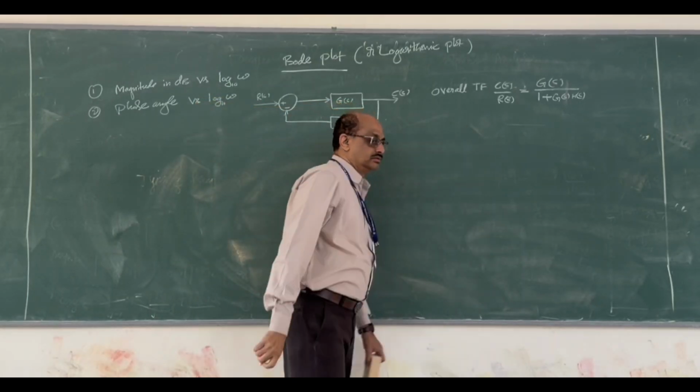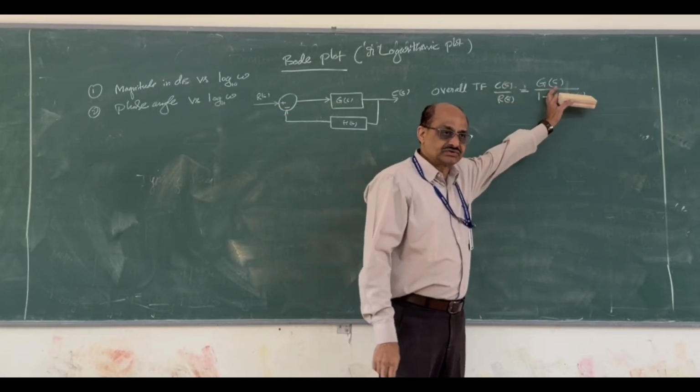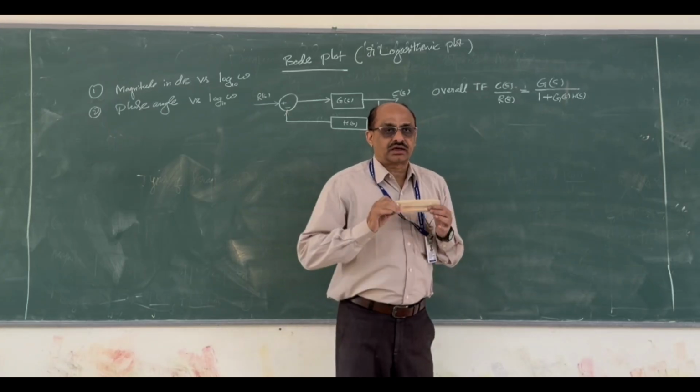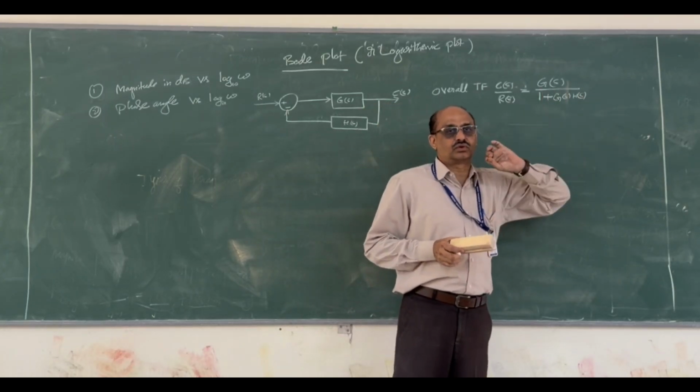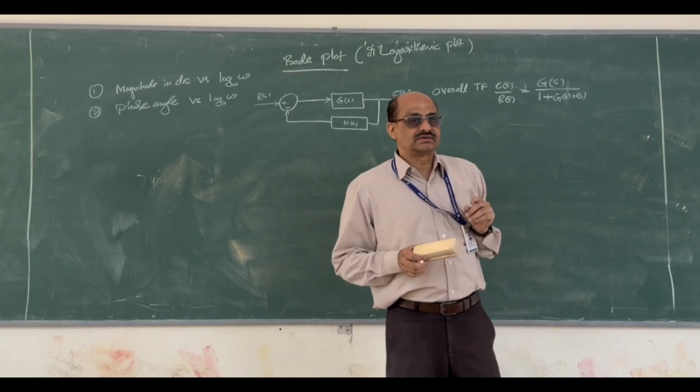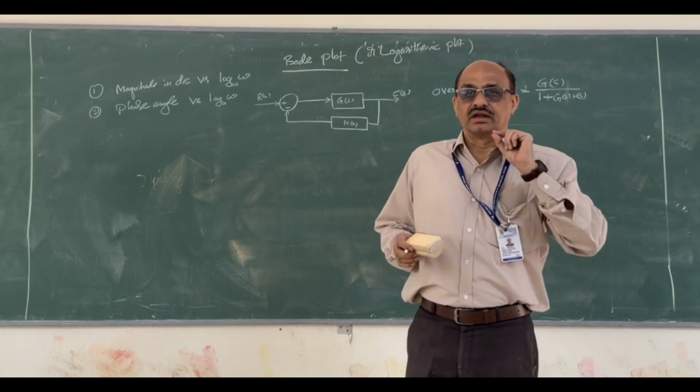From the overall transfer function, we know that the characteristic equation is given by 1 plus G(s)H(s) equal to 0. That determines the nature of the response.